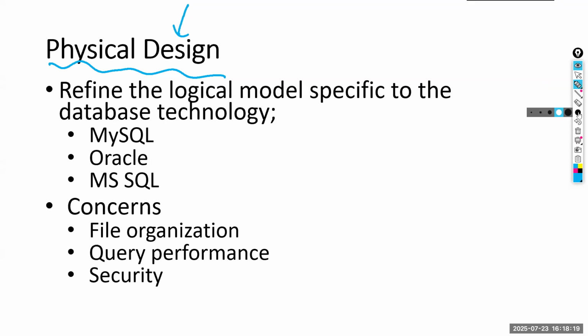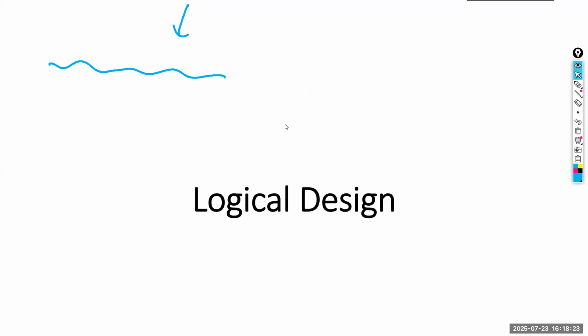Right. So from this point onwards, we will concentrate on logical design, and again, logical design under relational databases. That means from this point onwards, our assumption is that we are going to design our system's database so that later we can use one of the relational DBMS.